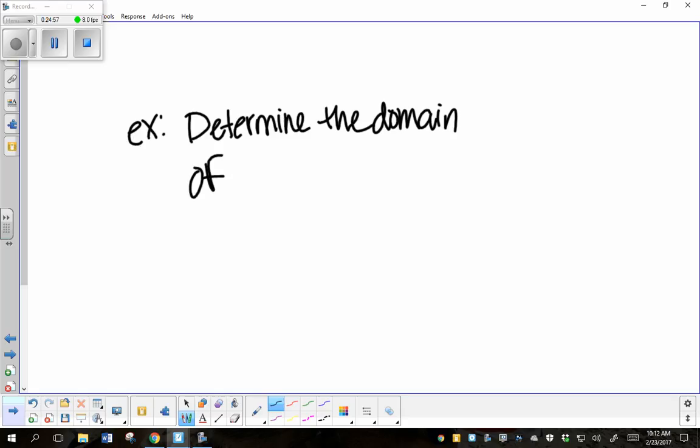We're going to determine the domain of g of x equals the sixth root of 7 minus 3x. You guys did problems very similar to this towards the first couple months of this year. Yeah, it's a 6.